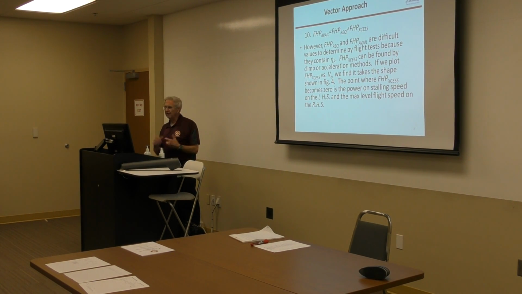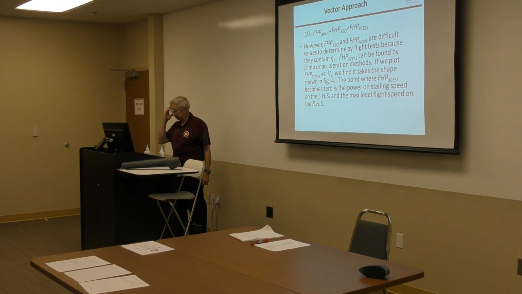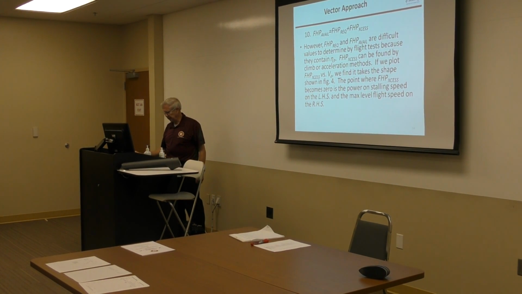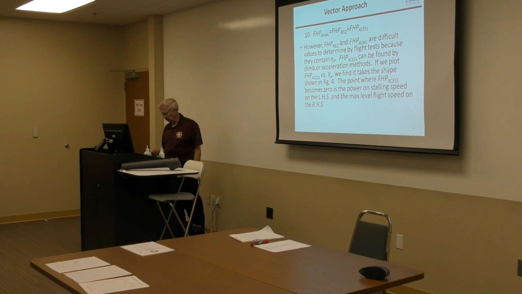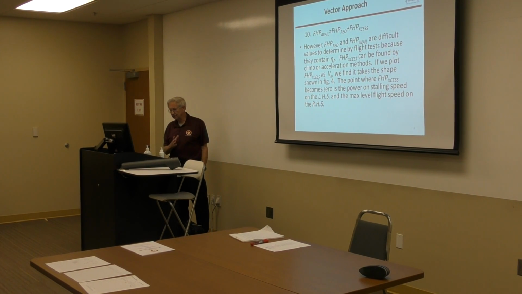But thrust horsepower in excess, the difference between those two, we can obtain from climb or acceleration, and it's going to become zero at the stalling speed power on, and that's on the left-hand side of that curve.